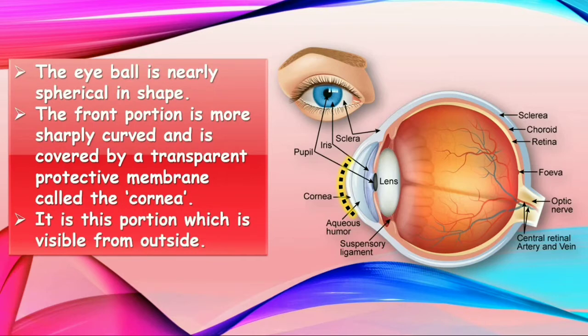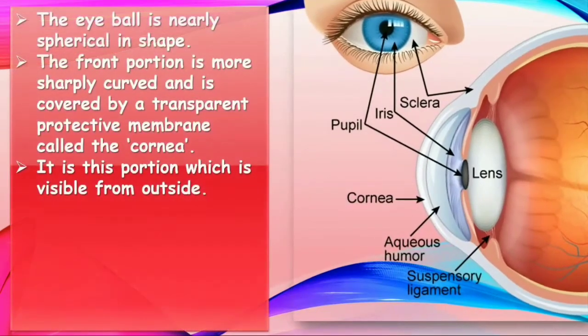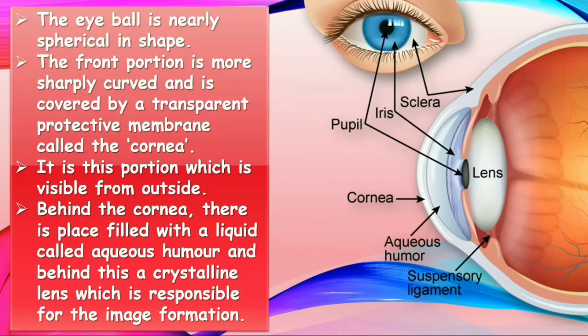It is this portion which is visible from outside. Behind the cornea, there is a space filled with a liquid called aqueous humor, and behind this, a crystalline lens which is responsible for the formation of image.